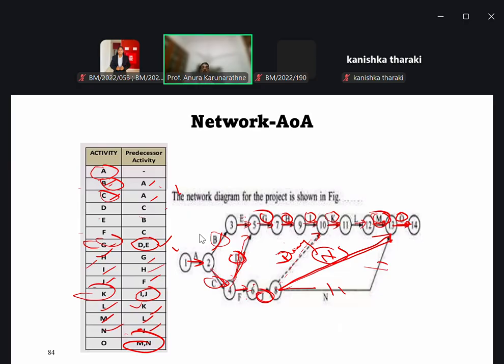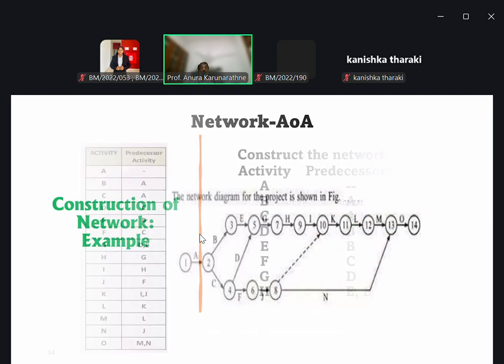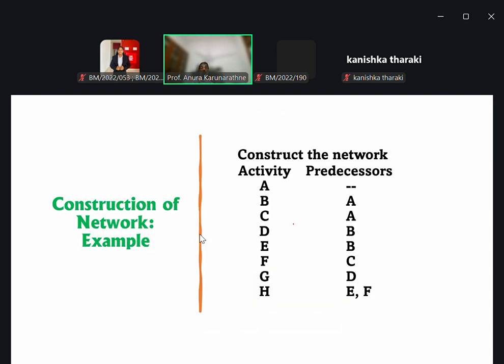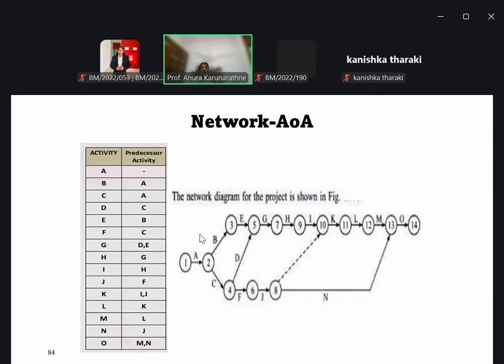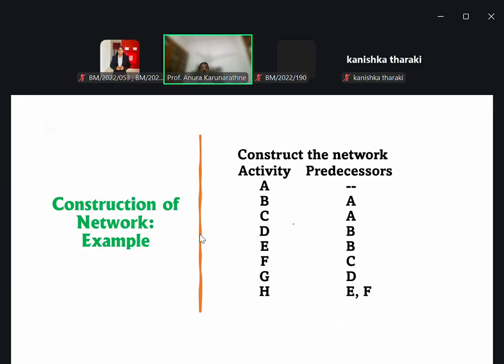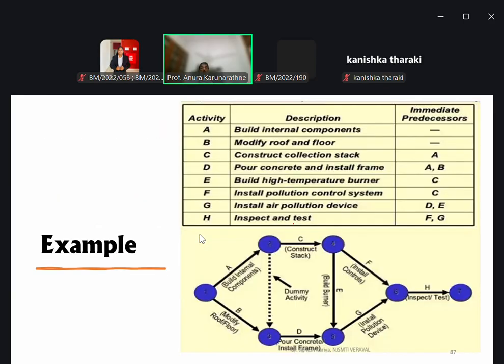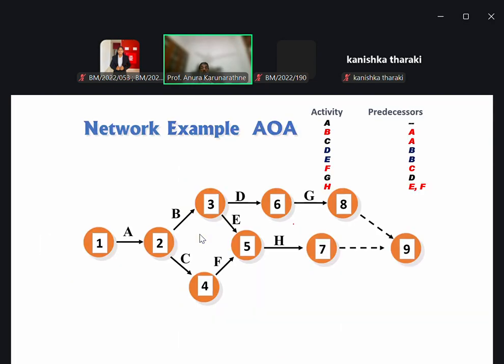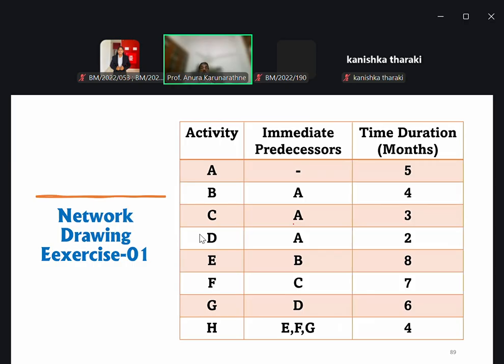Now here you can see a somewhat easy network. Further, we have a number of activities for you to draw this kind of network, and you are given some details as well. This is the exercise.